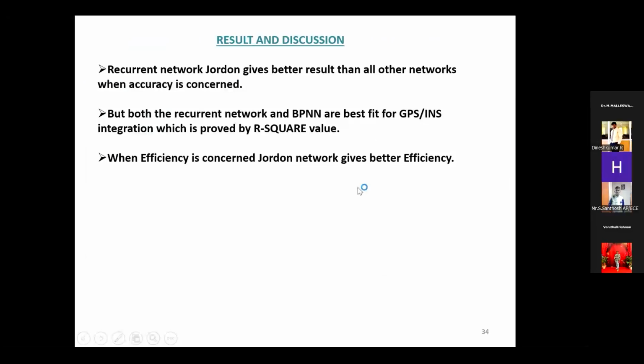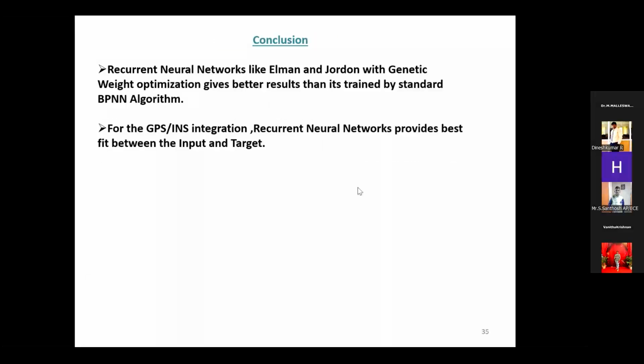So this is the final conclusion we got from the genetically optimized recurrent neural network based intelligent navigation. We conclude that recurrent neural networks like Elman and Jordan with genetic weight optimization give better results than when trained by the standard PPN algorithm, the backpropagation neural network algorithm.